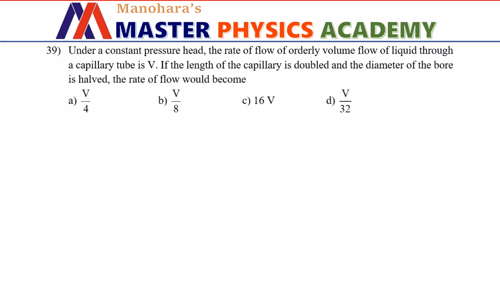Under a constant pressure head, the rate of flow, or volume flow of liquid per second through a capillary tube, is V. If the length of the capillary is doubled and the diameter of the bore is halved, the rate of flow would become?